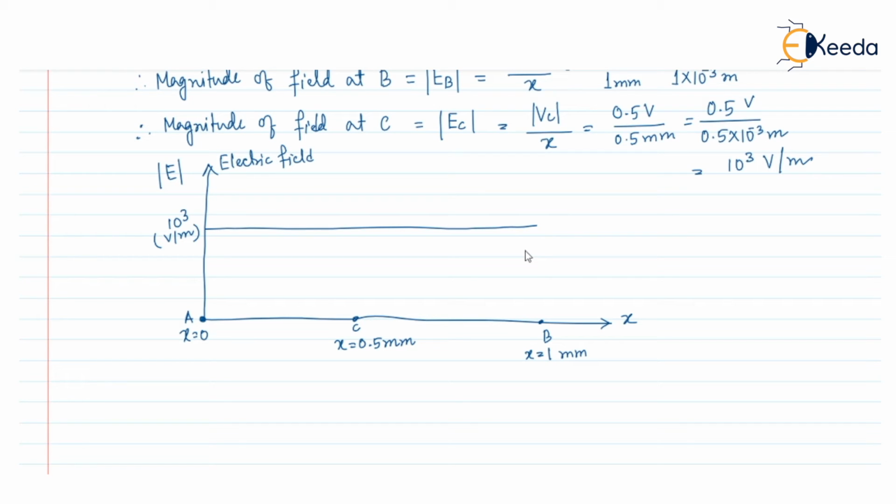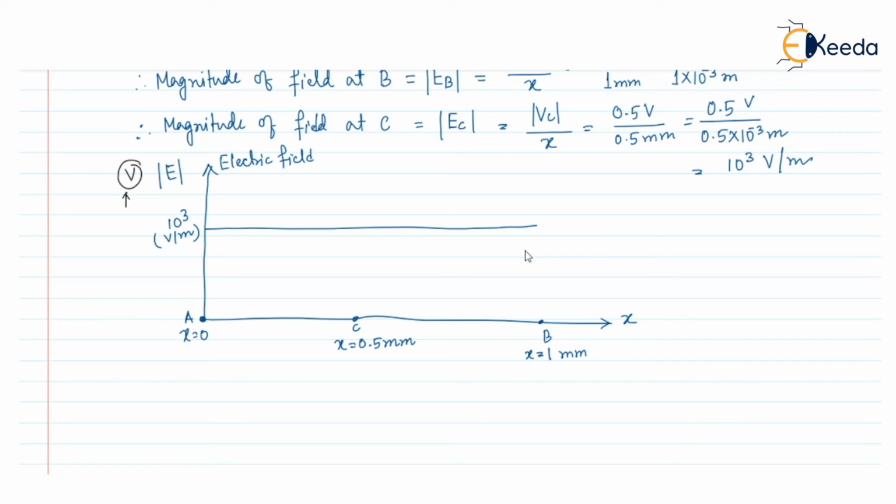Now, if we want to plot the value of the potential with the distance, it will look like this. In the same graph, in black color, I can draw the potential value V in the y-axis and x in the x-axis. If I plot the V value with the position x, we can see that at x equals 0 the potential was 0, and at x equals C the potential is 0.5.